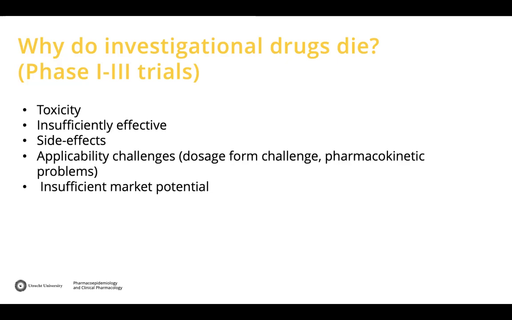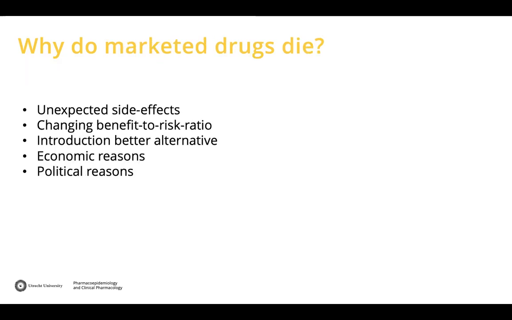And then again, of course, in phase 4 studies, if a new side effect or adverse event is found for a particular medication that outweighs the benefits of the medication, then that might be a reason to withdraw the drug from the market. And this is why marketed drugs die, right? So this is in the phase 4 post-marketing drug surveillance phase.